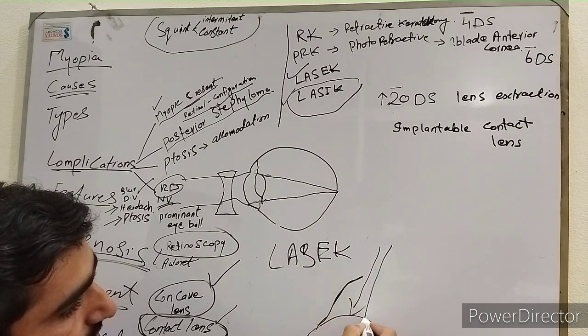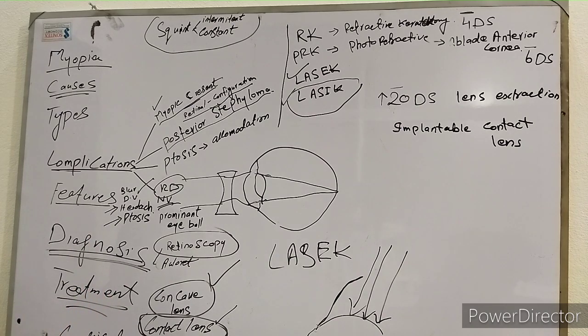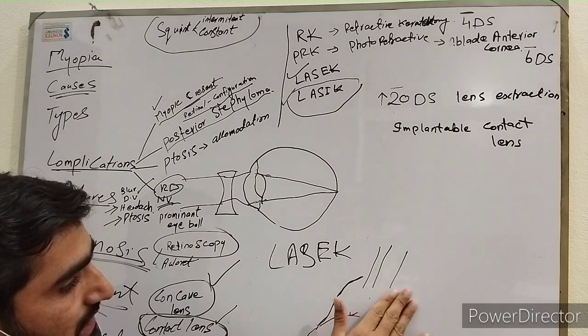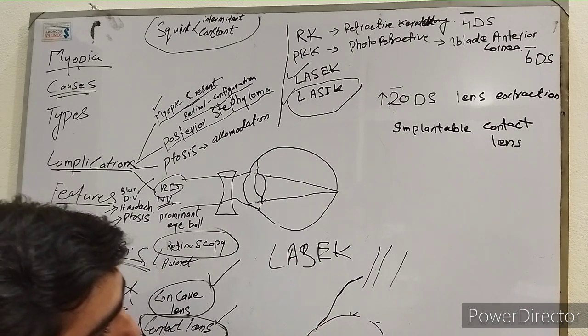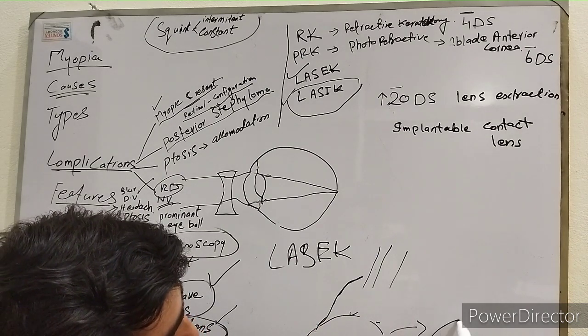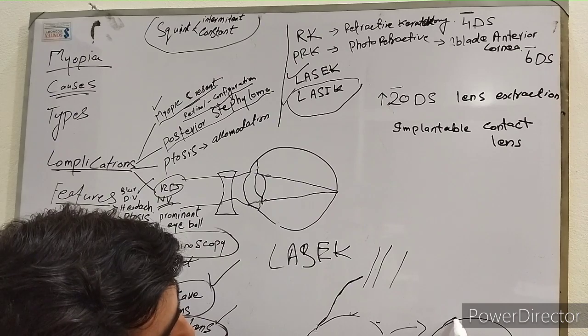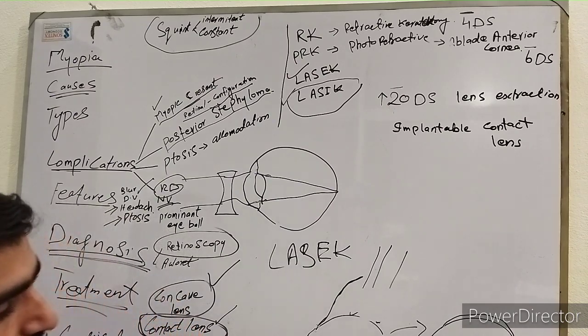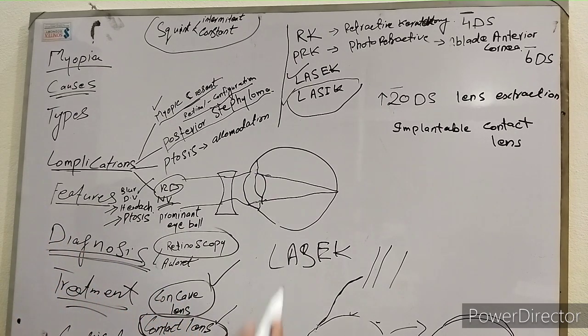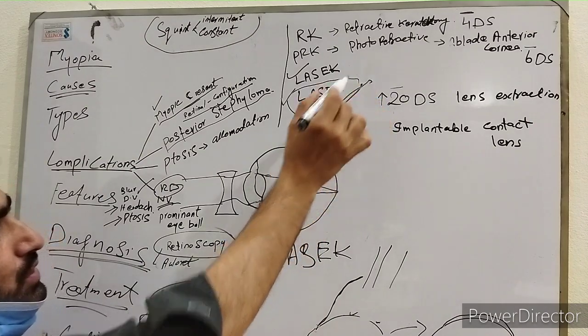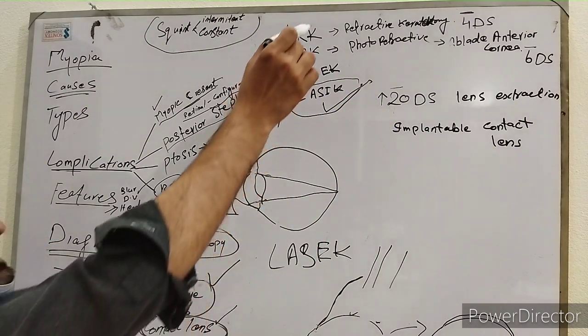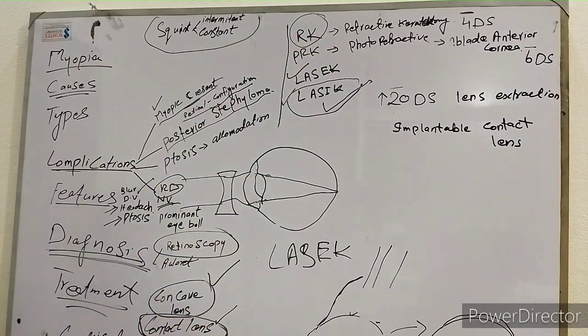Once again we put the laser on the stroma, decrease the index and thickness of the stroma, and after applying the laser, we again put our flap at its normal position. This is LASIK, and nowadays this is the most applicable procedure. And the procedure photorefractive keratectomy is not applicable nowadays.